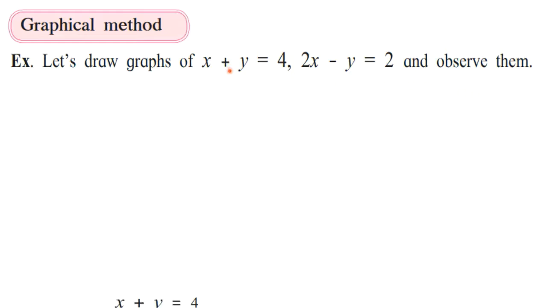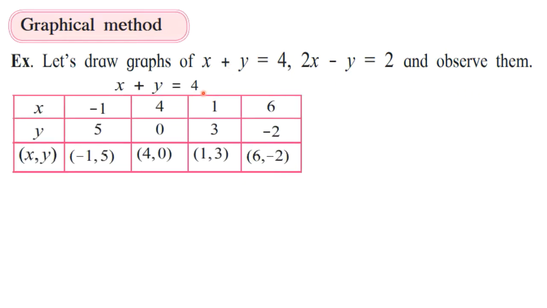First of all, we will take the first equation, and for that we will take four ordered pairs of x and y. Here it is compulsory to take at least three pairs. In the textbook they have told you to take four pairs, but if you are taking only two pairs, it will not do.